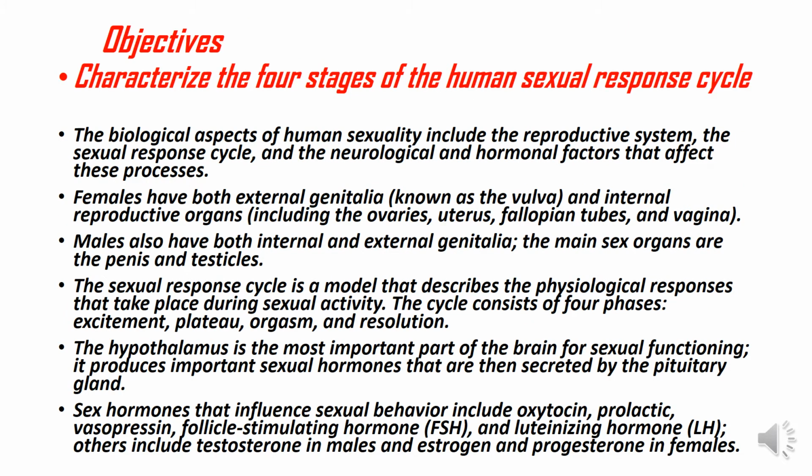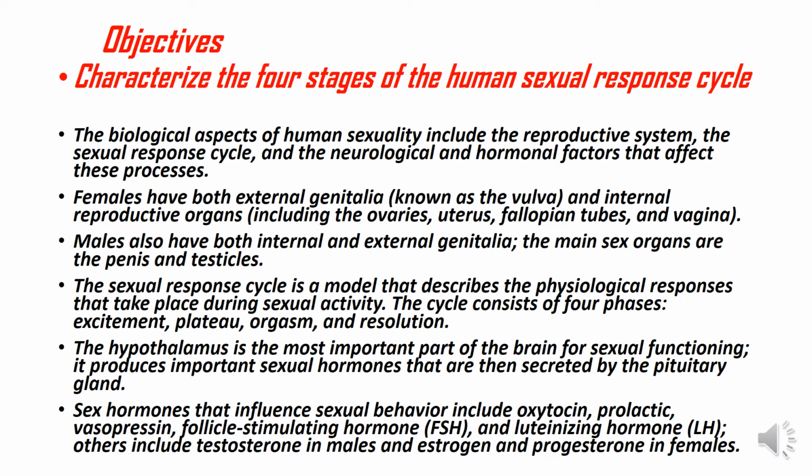Here are the following objectives. Characterize the four stages of the human sexual response cycle and how it works. The first one is that the biological aspects of human sexuality include the reproductive system, the sexual response cycle, and the neurological and hormonal factors that affect these processes.